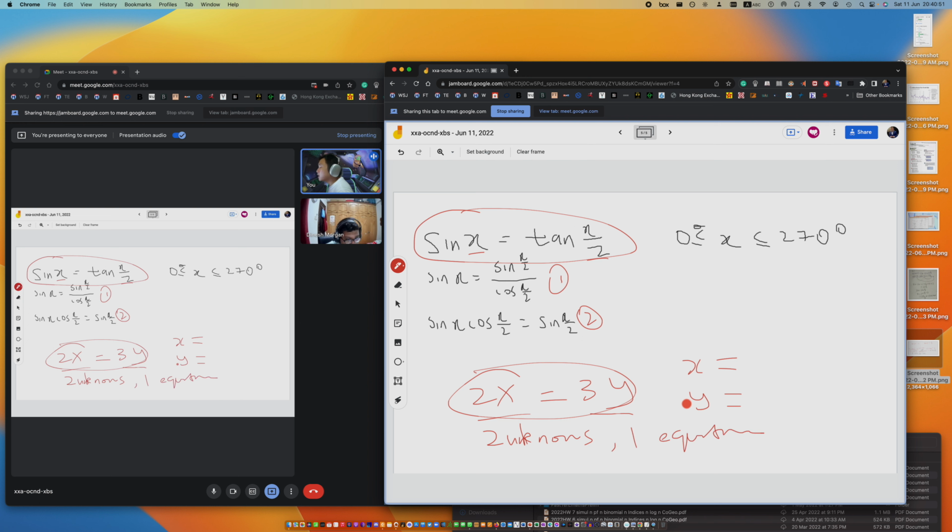Similarly, this x and this x over 2, you can argue, oh, this is x, so one unknown only. But the question is, can you split the x and the 2? Is there a way for you to split? Let's say you have tangent x over 2. Can you split the x and the 2?